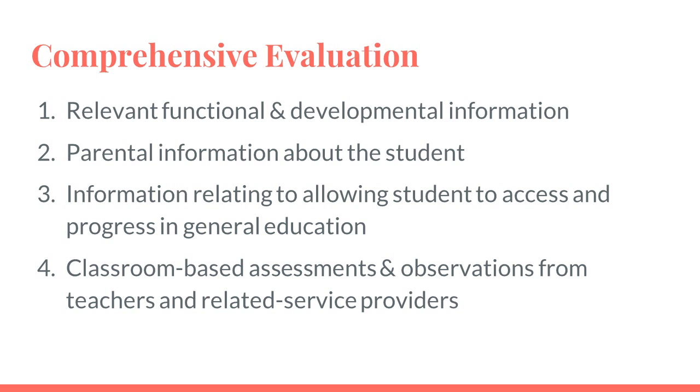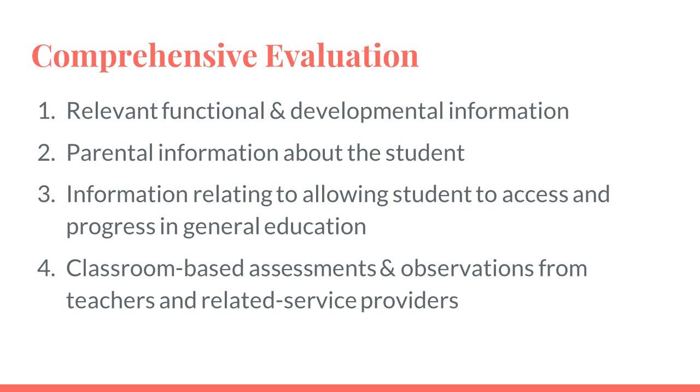All right, so what needs to be included in this evaluation? Remember it's not just one piece, it's a multidisciplinary evaluation. Number 1, we need to gather relevant functional and developmental information. That will look like probably your ability testing, your adaptive behavior, those types of things.